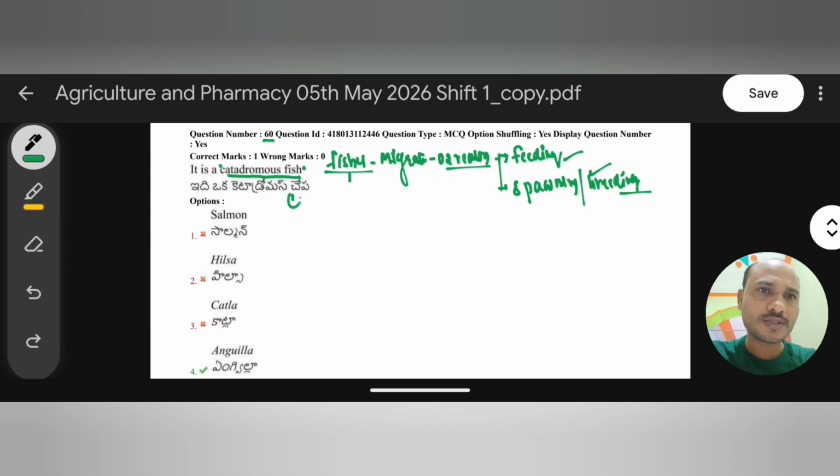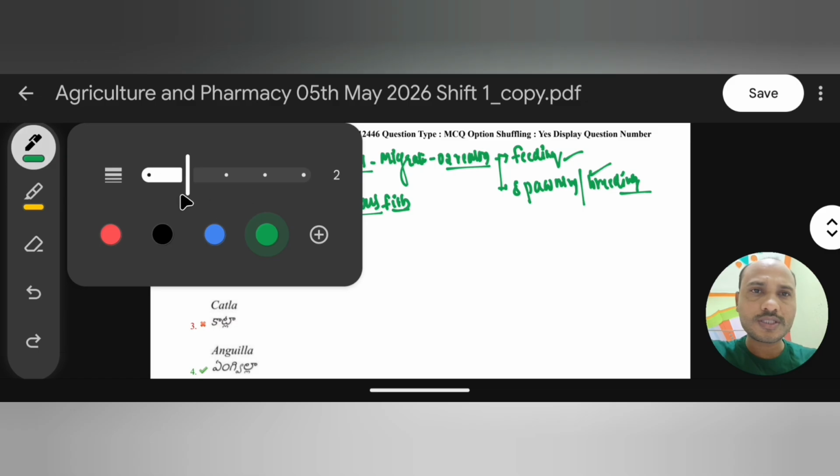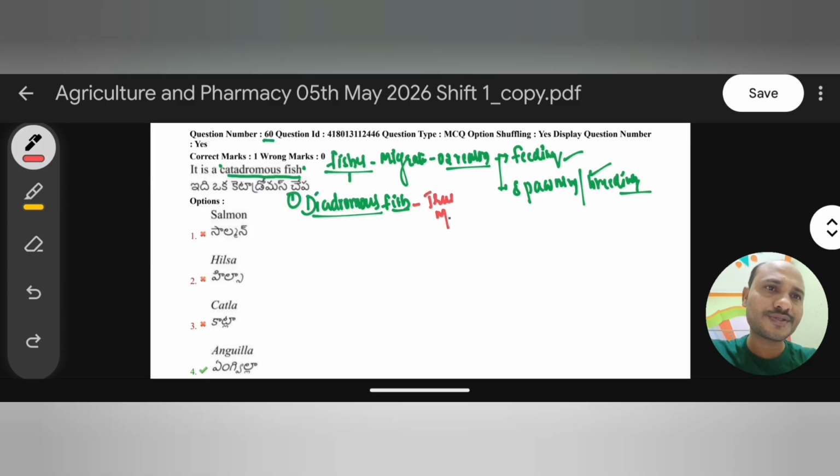In that, the first one, very important, is diadromous fish. Diadromous fish are true migratory fish that overcome osmotic barriers. Why?